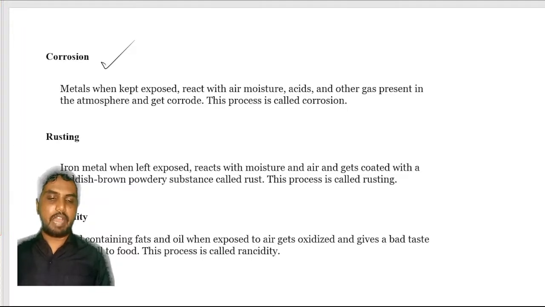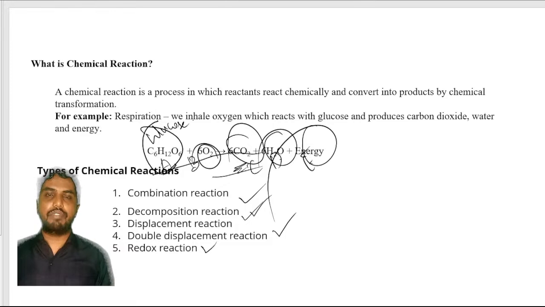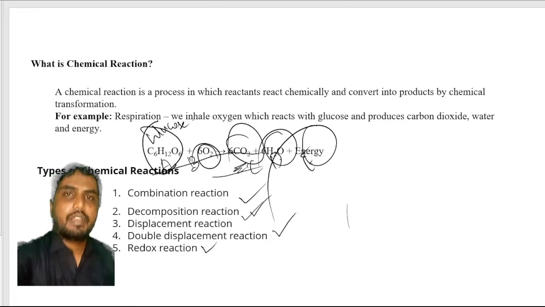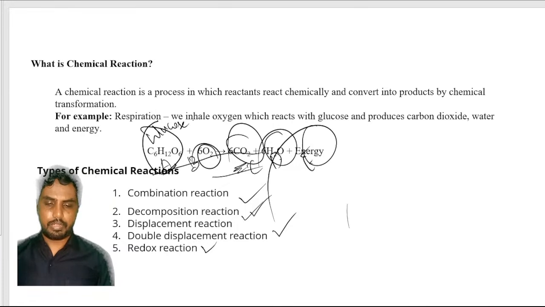Okay, so I hope everyone understood today's session. So we will have a glimpse of today's session. Today we have discussed many things: what is meant by a chemical reaction and what the types of chemical reactions are. We have the combination reaction, decomposition reaction, displacement reaction, double displacement reaction, and redox reactions.